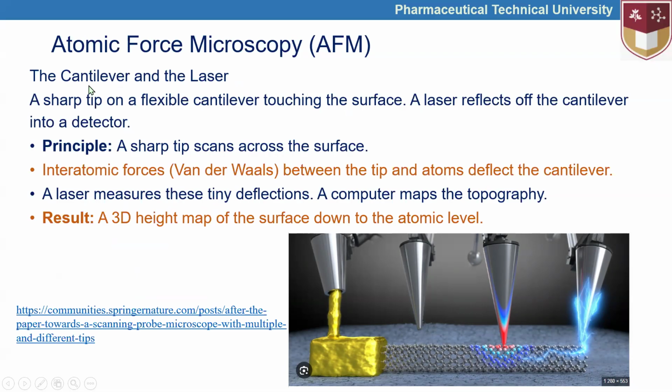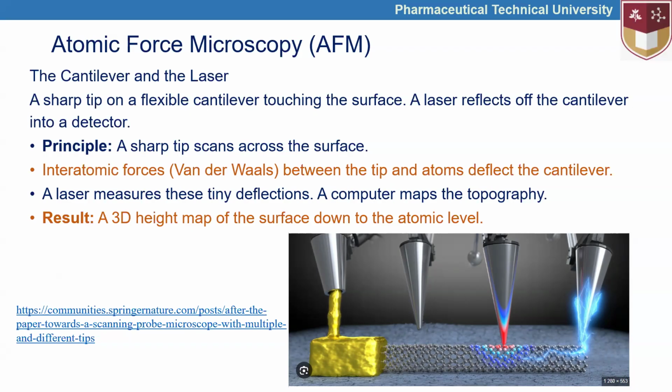It uses a cantilever and a laser, a sharp tip on a flexible cantilever touching the surface. A laser reflects off the cantilever into a detector, and the principle is that a sharp tip scans across the surface. Interatomic forces like van der Waals interactions between the tip and atoms deflect the cantilever.